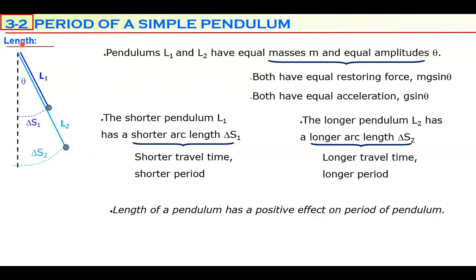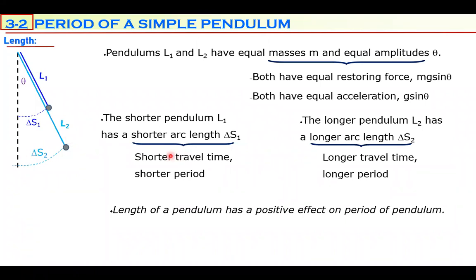If length increases, the longer pendulum travels a longer arc length than the shorter one. You see, delta S2 is longer than delta S1. If you make a pendulum longer, the arc length traveled by the pendulum increases. If arc length increases, the time of travel increases, because if it is a longer distance, you travel it in a longer time. That's why the pendulum's period increases.